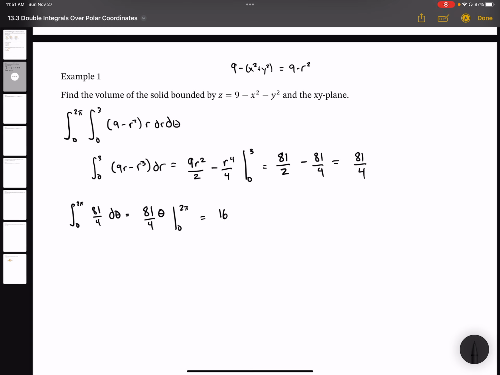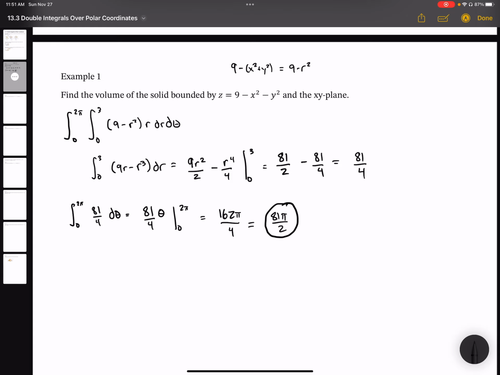So that's going to be 162 pi over 4 minus 0 pi over 4, which equals 81 pi over 2. So the volume of that region is 81 pi over 2.